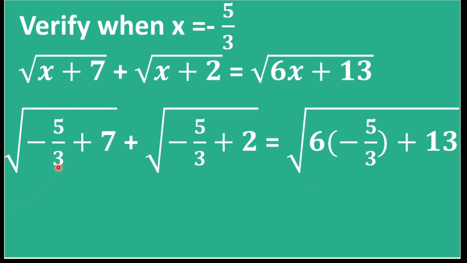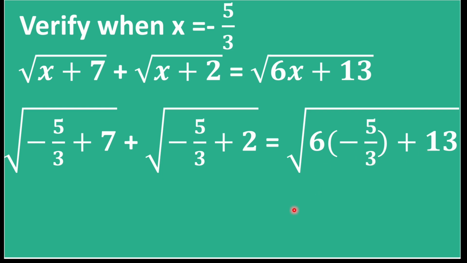So overall this value will become 3 times 7 equal to 21 minus 5, so this will become 16 divided by 3. And 3 times 2 equal to 6 minus 5, so it will become 1 divided by 3. And here this 3 will cancel this 6, so 3 times 2 equal to 6, and 2 times 5 equal to 10. So overall minus 10 plus 13 equal to 3.